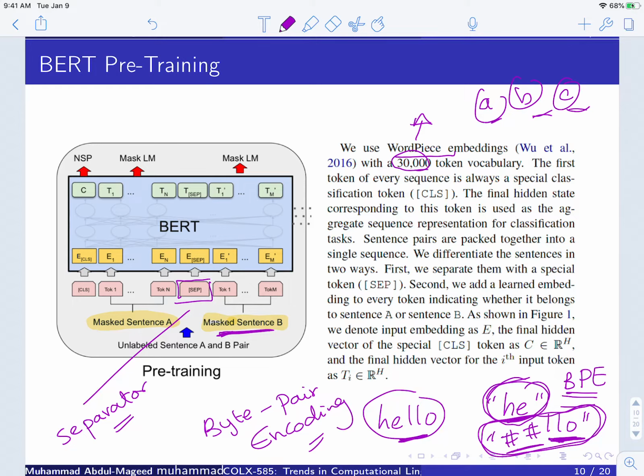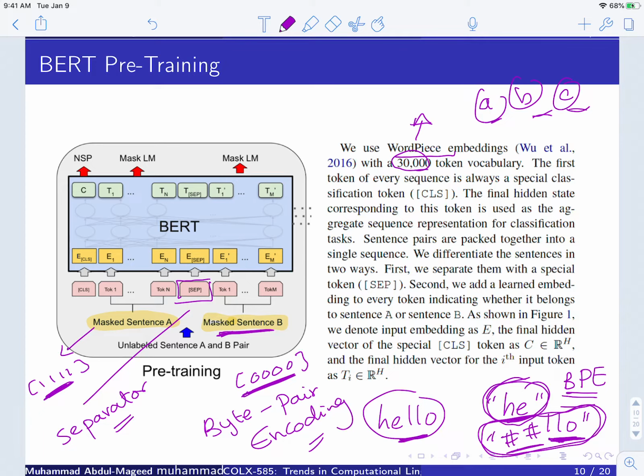So for sentence A, for example, the tokens in sentence A will have a vector of ones, and the tokens in sentence B, each token will, for example, be added to a vector of zeros. And now these vectors are going to be learnable.